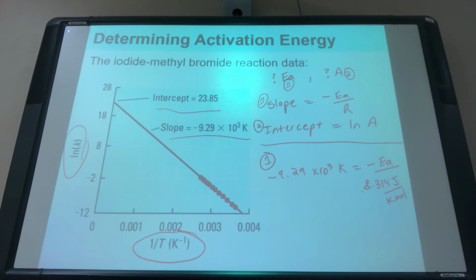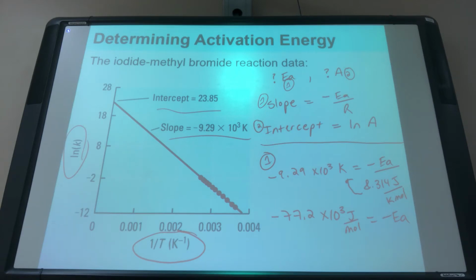To solve for this, we just multiply our R over, and we get negative 77.2 times 10 to the third. The Kelvins are going to get canceled, and we get just joules per mole. It's equal to negative EA. If I want positive EA, I'm just going to divide the negative over, so I'll get a positive.